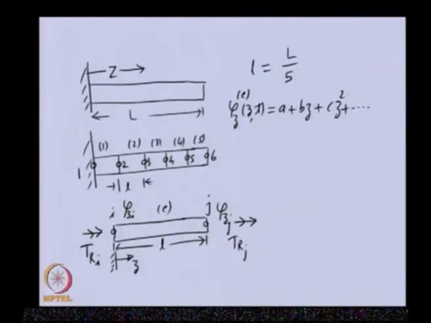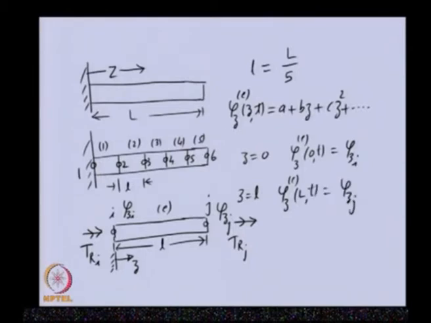Now, once we have chosen the solution in this form, in this particular case the boundary conditions are: at z is equal to 0, we have angular displacement of the element phi z i, and at z is equal to L, the other end of the element, we have this angular displacement at L is phi z j.